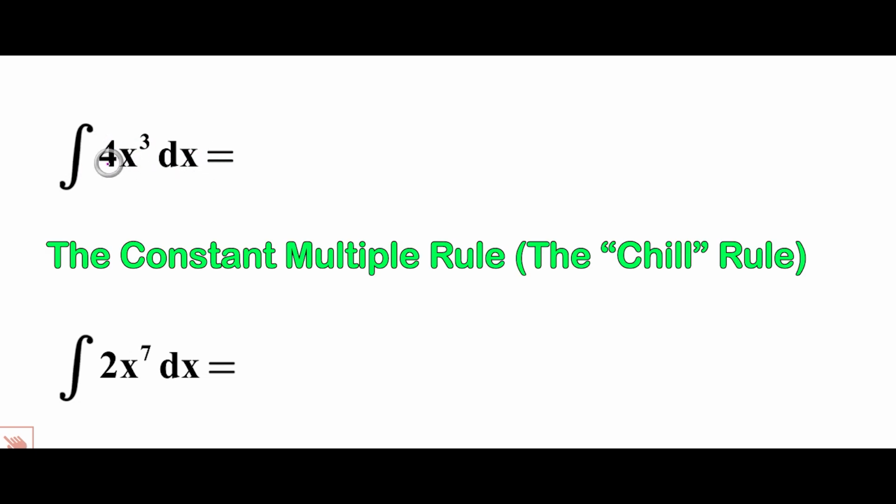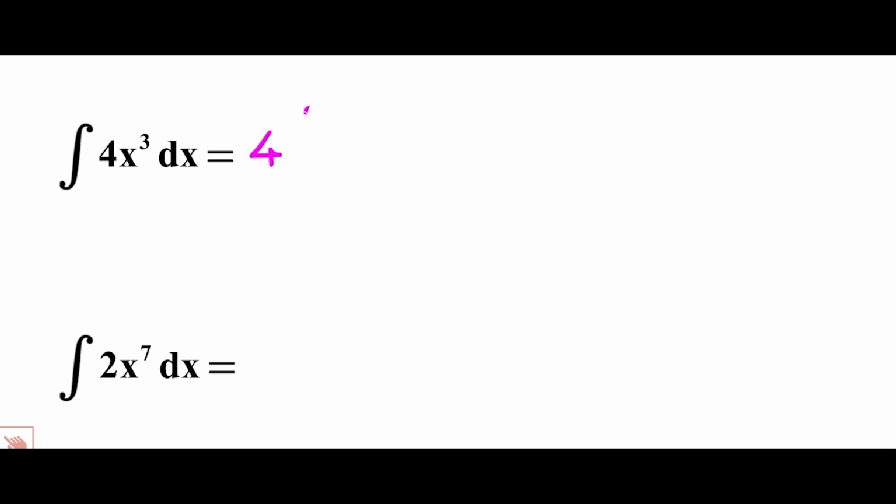Now what happens if there is a number sitting in front of the x, like a coefficient? For example, the integral of 4x cubed dx equals, you can just put it outside the integral sign.